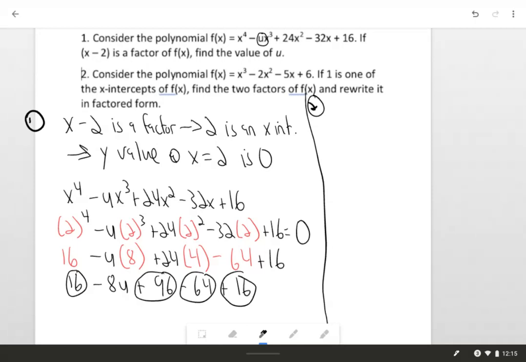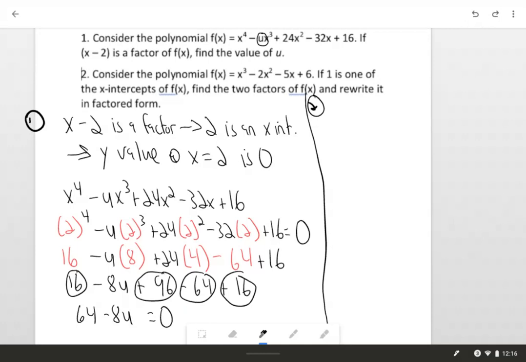Again, 16 plus 96 plus negative 64 plus 16, and I get 64. All those terms that I circled, I just put in my calculator: 16 plus 96 plus negative 64 plus 16, and I got 64. So 64 minus 8u equals 0. So I'm dropping this down here.